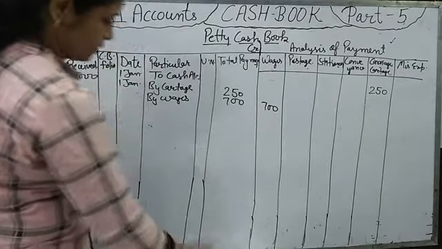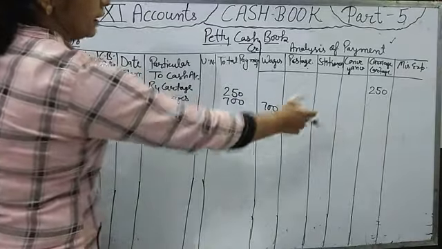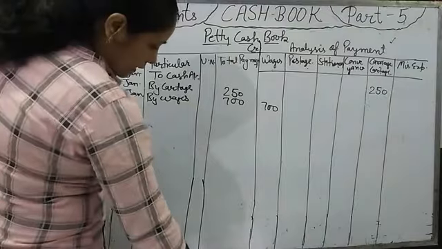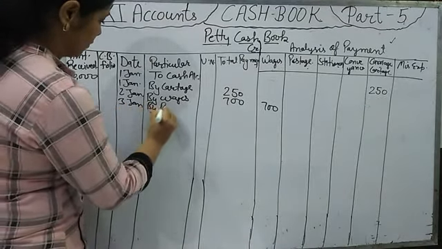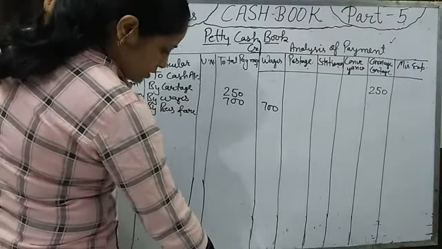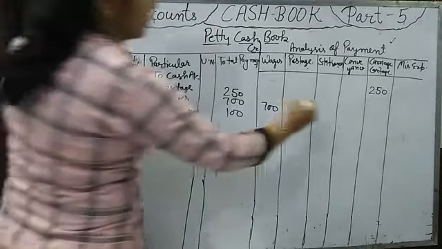Okay, 2 times we will write, one in the payment column and second in the column for which type of payment this is. Okay, then on 3rd Jan bus fare, then by bus fare we will write, and amount is 100. This will come in the conveyance charges column.